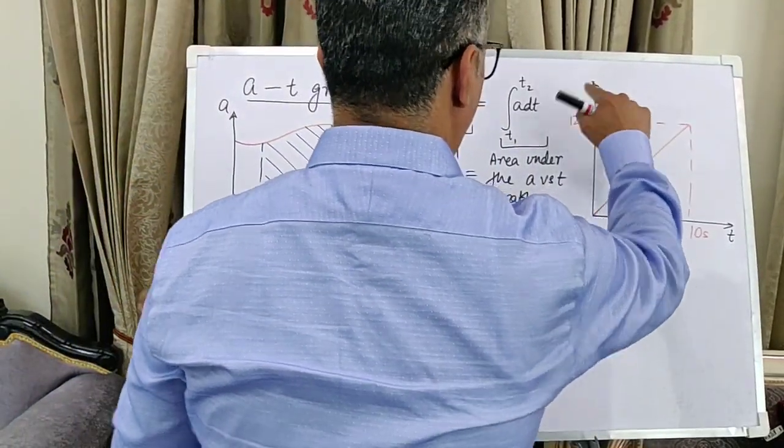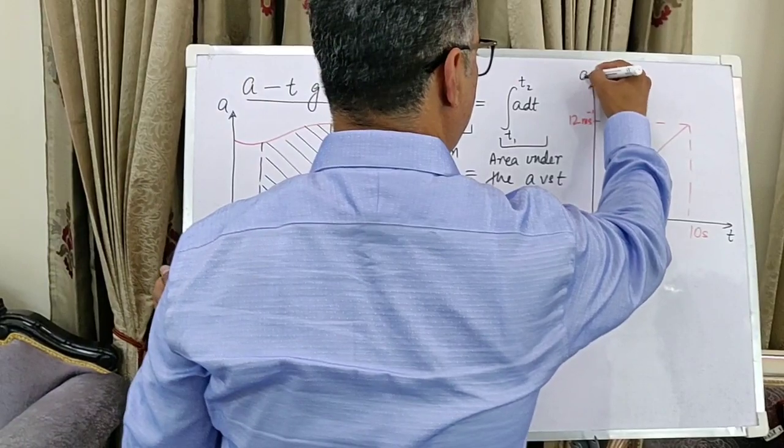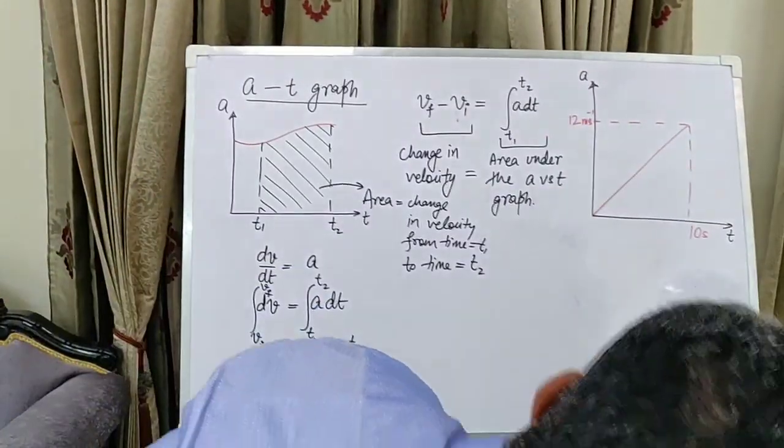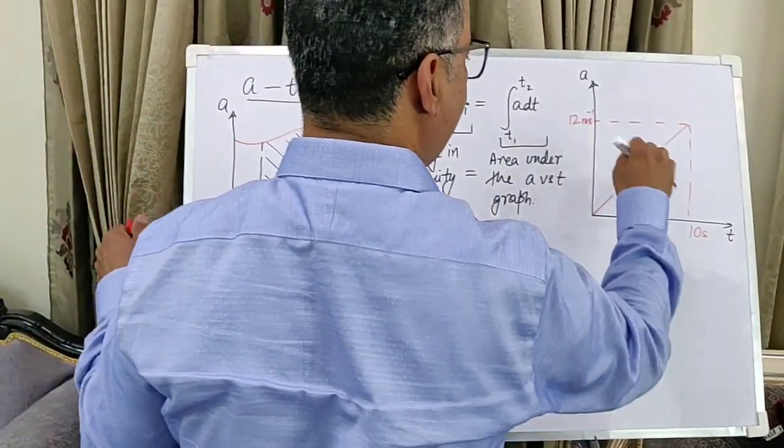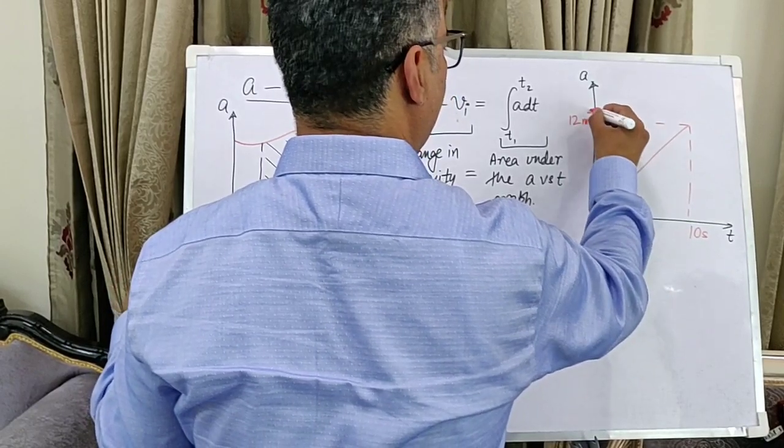I'm so sorry, we were talking about the acceleration-time graph. So 12 meter per second square, that's the acceleration at time equal to 10 seconds.